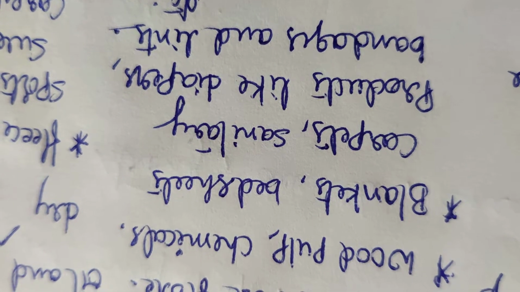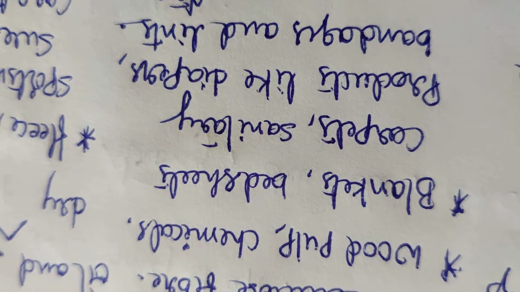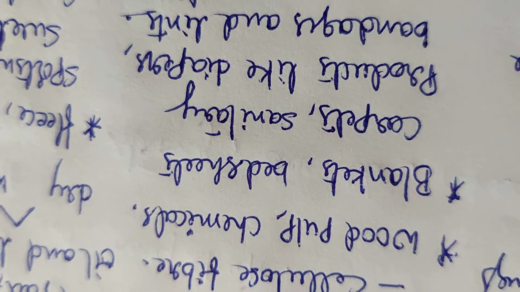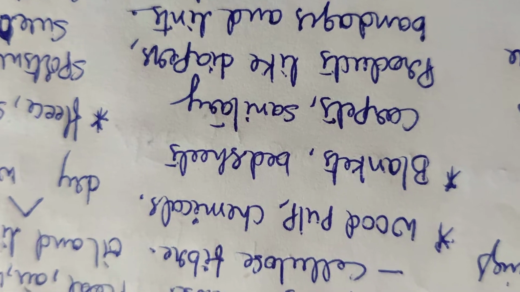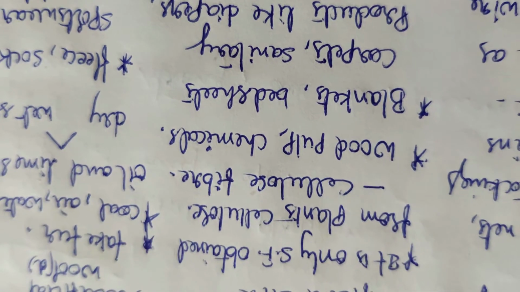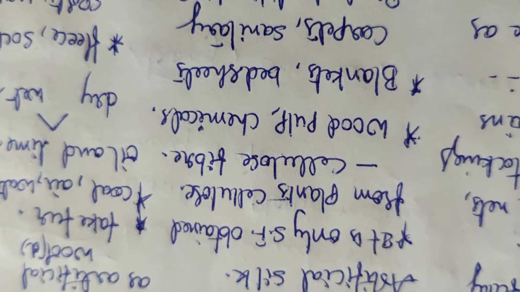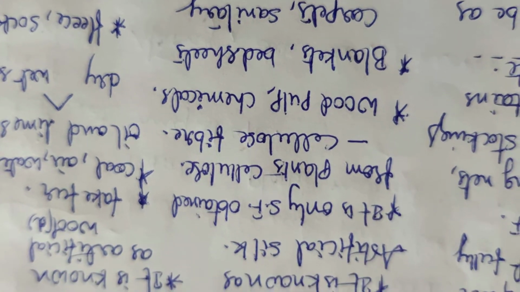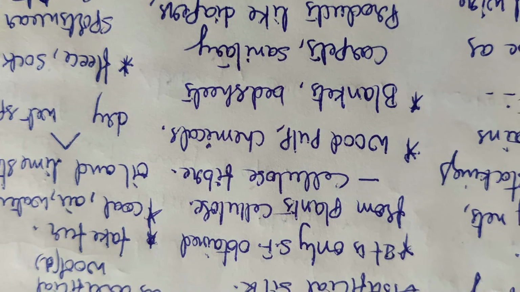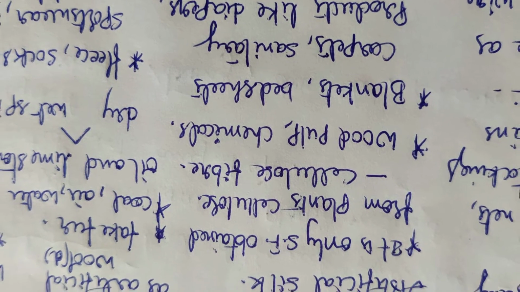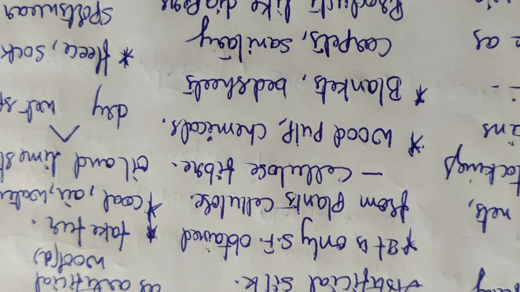So it absorbs more water and it breaks easily. And pure rayon is used only for diapers and the like. When rayon is mixed with other fibers, either synthetic or natural, those fibers are used for blankets, bed sheets, and carpets.